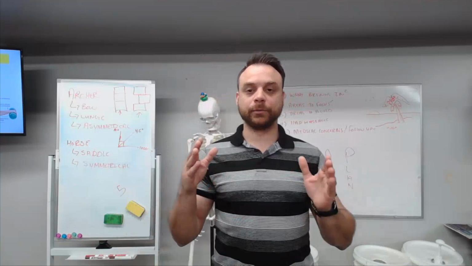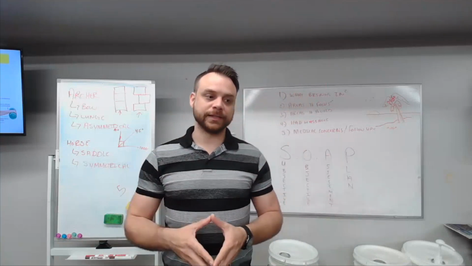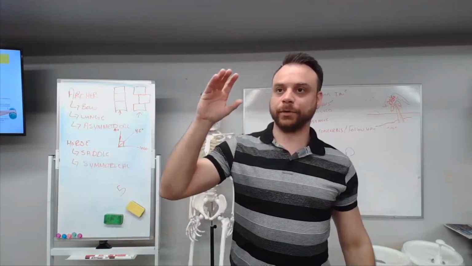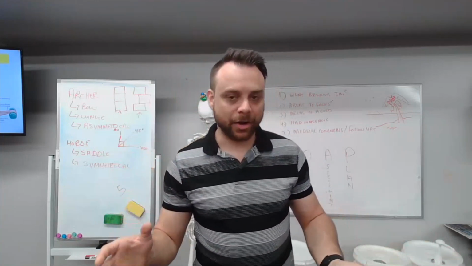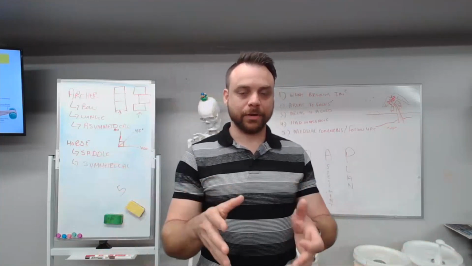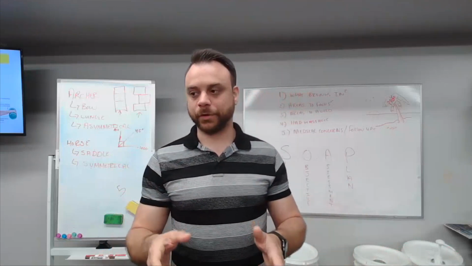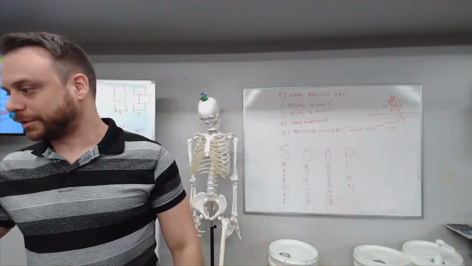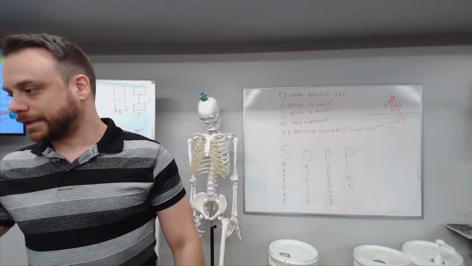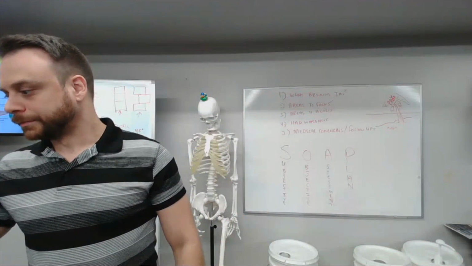What a lot of people get confused with is trying to make a list of which muscles are prime movers. Technically, almost all of them can be, because it all depends on what movement we're observing. So hopefully that sticks out as a good example. Let's go back to our slides and keep moving forward.